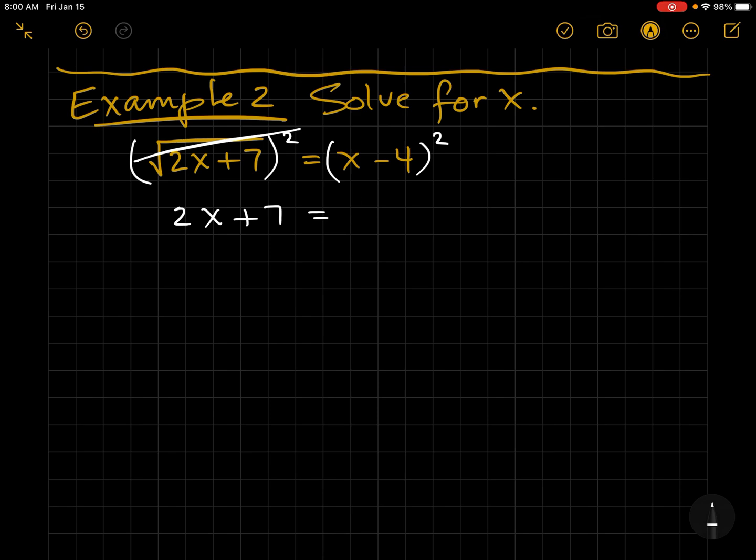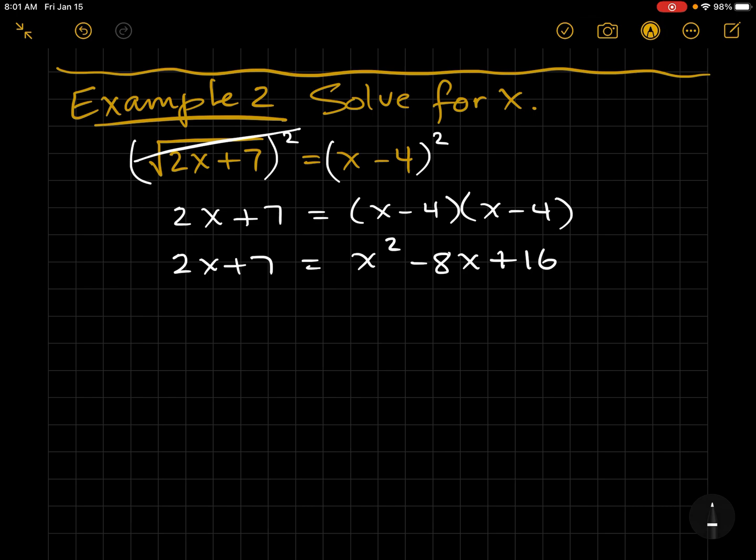Remember when you square a binomial, you cannot distribute the square to both terms because of the minus sign. So 2x plus 7, and we first outer, inner, last, and combine like terms. Now, this is a quadratic equation.